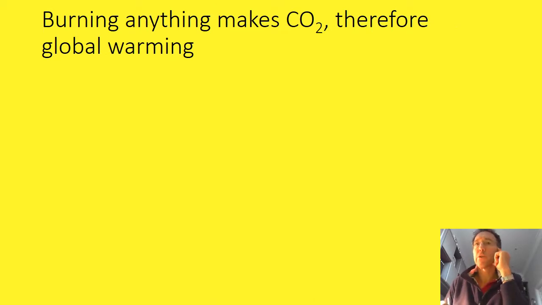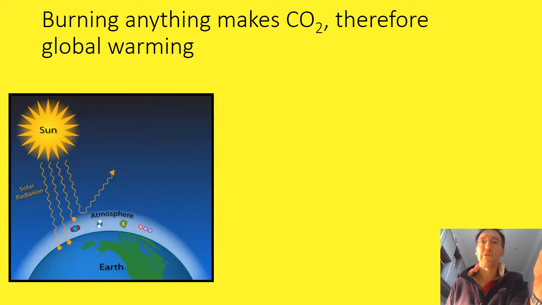So that just leaves us to study global warming, because burning anything, whether it be the fuels in a vehicle or the fuels in a power station, or indeed some renewable fuels like wood chips, burning anything makes carbon dioxide, and that carbon dioxide finds its way into the atmosphere, and then we've got global warming from the greenhouse effect.